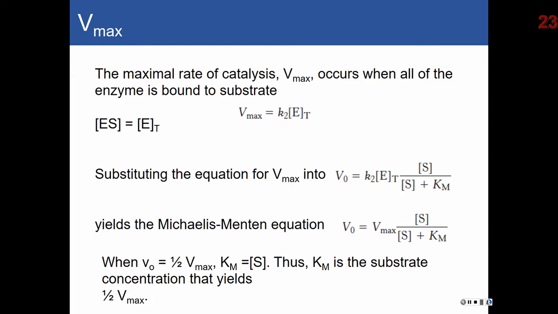Keep that one in mind for sure. Km, the Michaelis constant, will approach the substrate concentration when V sub 0 equals 1/2 Vmax. So if Km, the Michaelis constant, is equal to the substrate concentration, you will get 1/2 of Vmax.